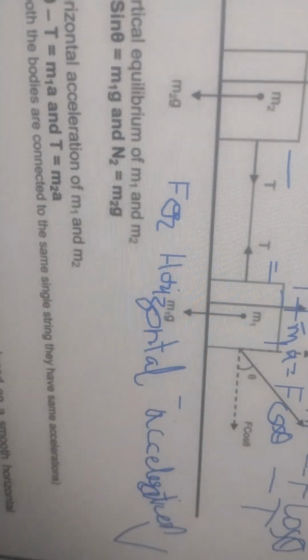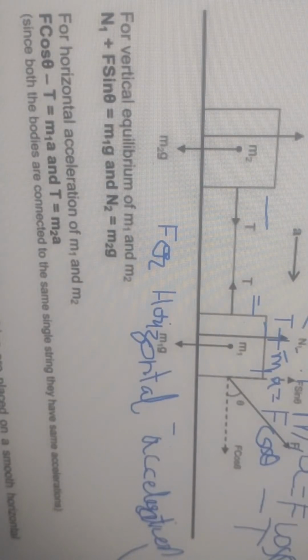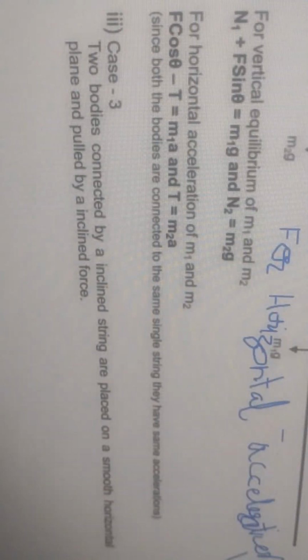This is the equation. For vertical equilibrium, we get this. For the horizontal, we got this.